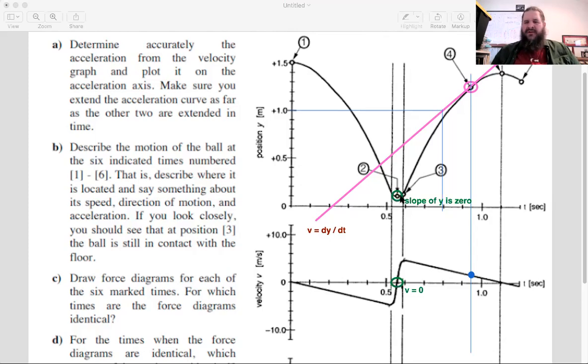And then the position starts to increase. We get a positive slope, so the velocity graph becomes positive. It reaches a maximum velocity as we get the steepest possible slope at the inflection point. And then the slope starts becoming less and less steep. So velocity becomes less and less positive. The velocity is decreasing, but it's still positive. So a positive velocity means the position graph is increasing. Any questions on that so far?